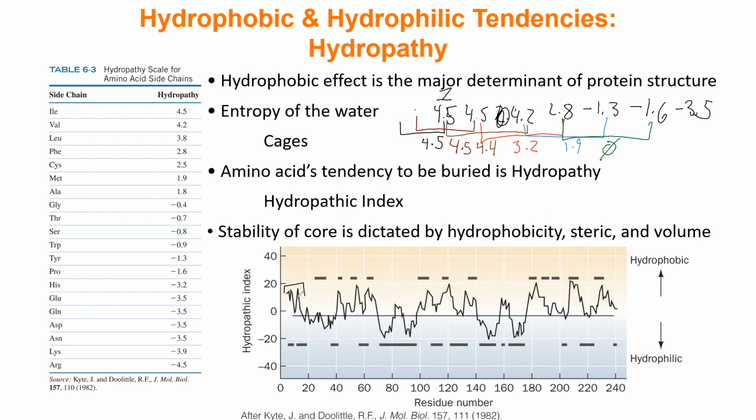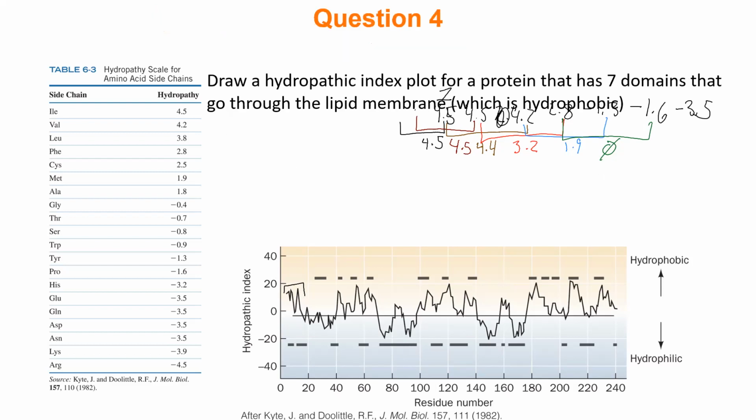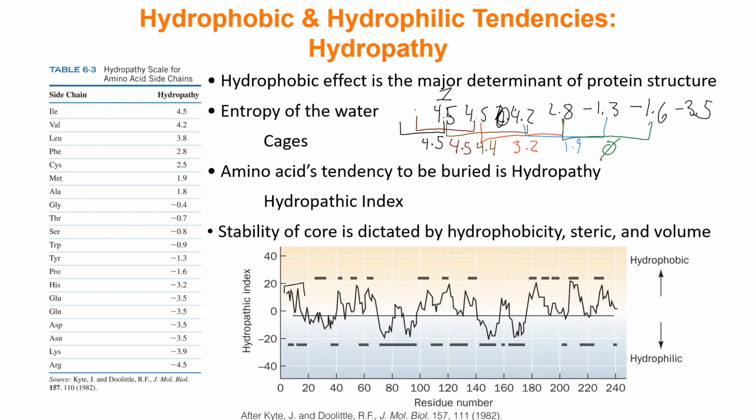One important method, and let me just make sure I don't have a question about this next. So 1 second. I do. Okay. So one important method for this is for proteins that are in the membrane. It's very hard to get a structure of a protein that's in the membrane. And so you have to make one of these plots to figure out, okay, what part of the protein is going through the membrane?